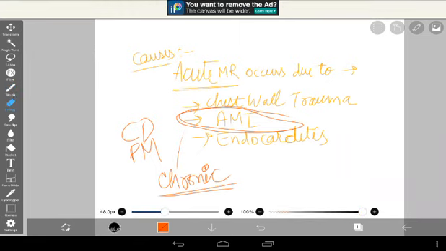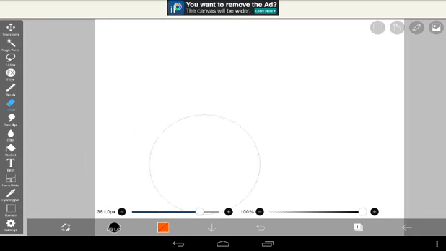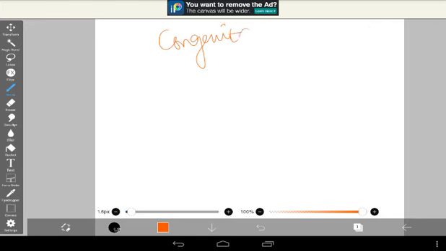Along with this, there are many other causes. For example, congenital causes like cleft mitral valve or parachute mitral valve, and mitral valve prolapse, which we will talk about in further videos. Next is acute rheumatic fever.